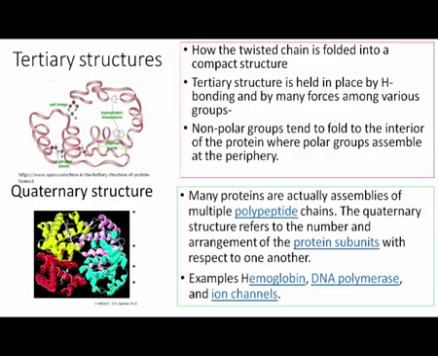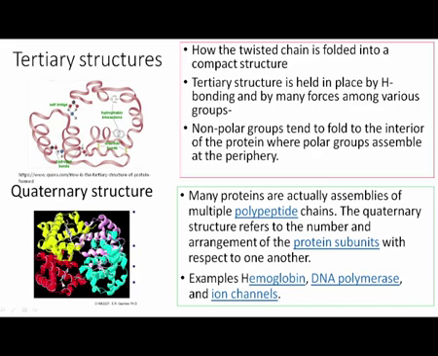So, what are quaternary structures? When many proteins assemble, or assemblies of multiple polypeptide chains, the quaternary structure is formed, and it refers to the number and arrangement of the protein subunits with respect to one another. For example, as I told you, hemoglobin is a classical example.